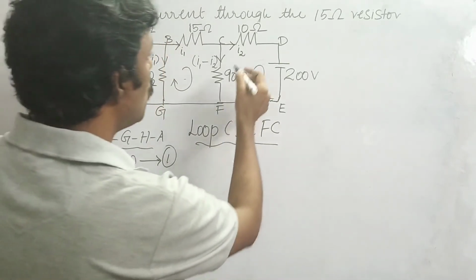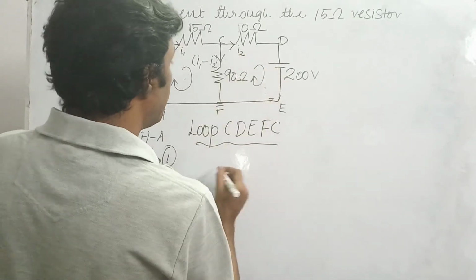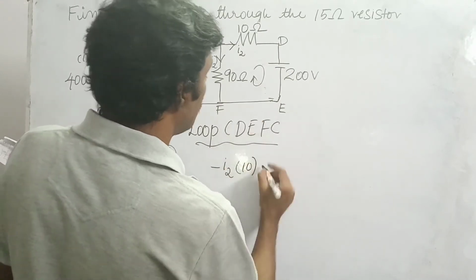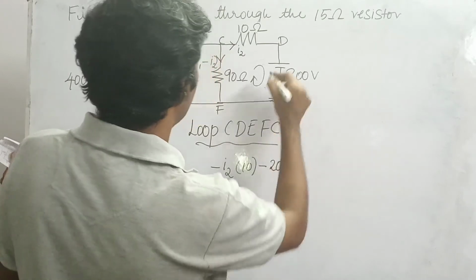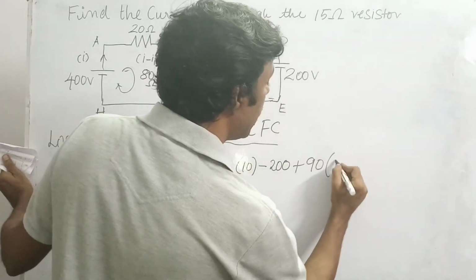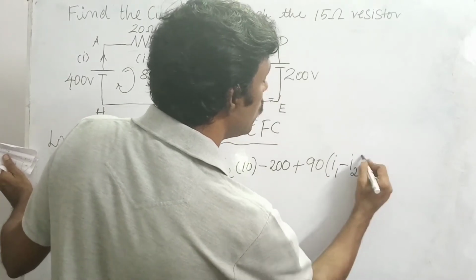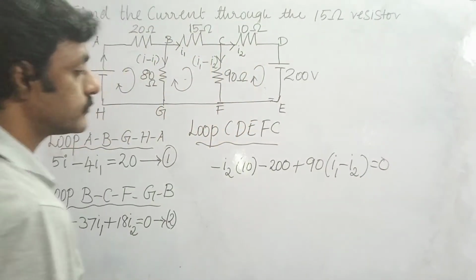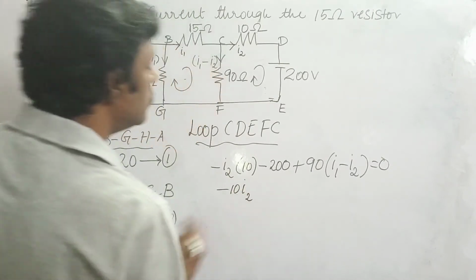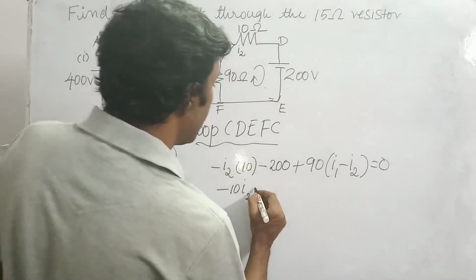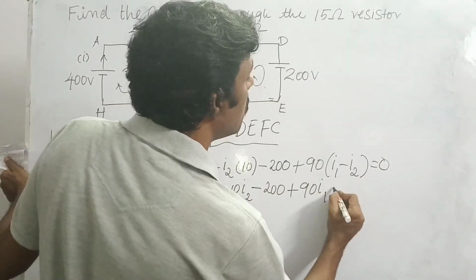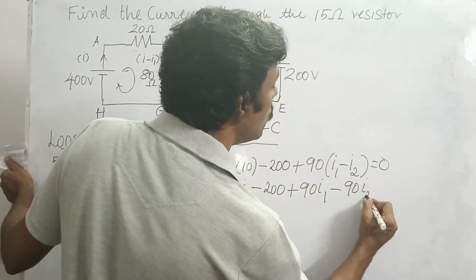If I put this KVL, my values will be minus I2 into 10 minus 200 plus 90 into (I1 minus I2) equal to 0. So my values will be minus 10 into I2, minus 200, plus 90 I1 minus 90 I2 equal to 0.